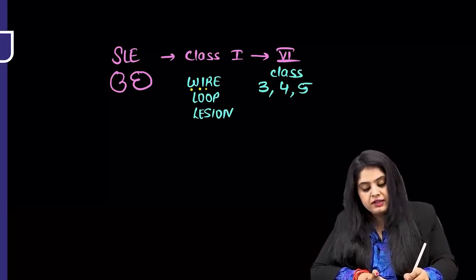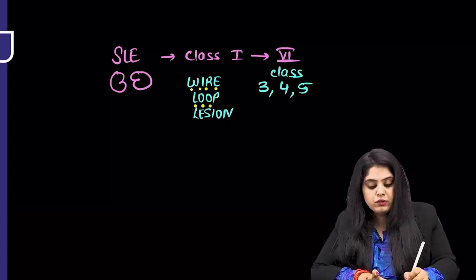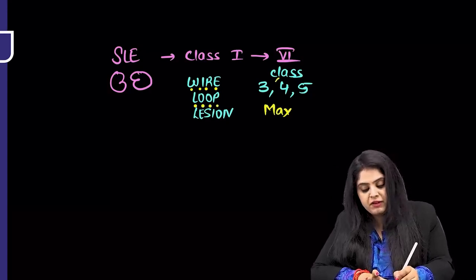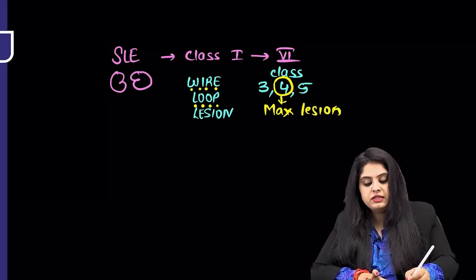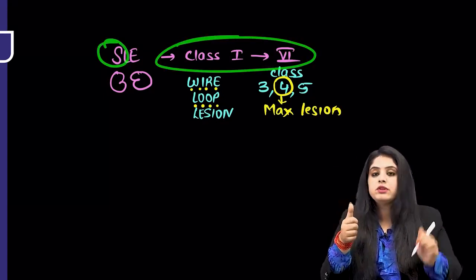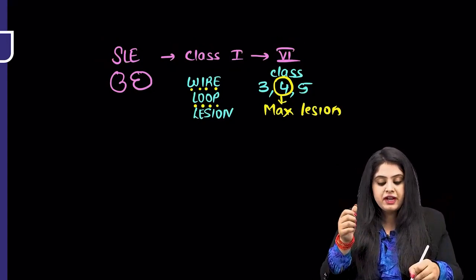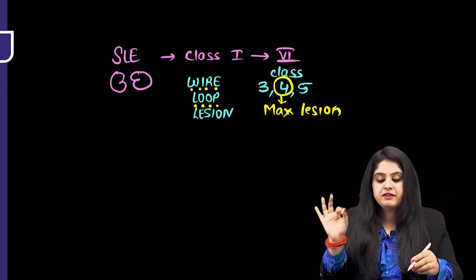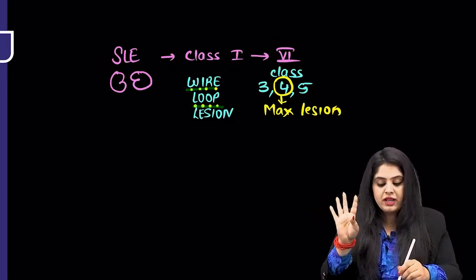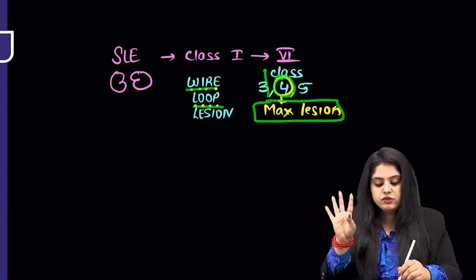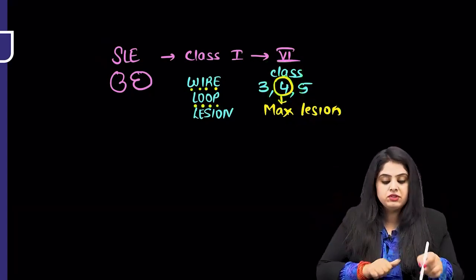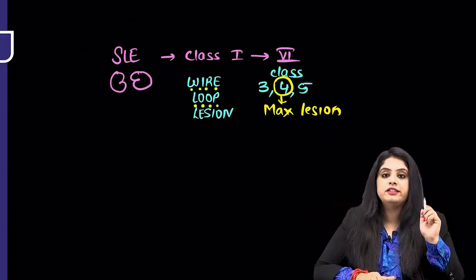However, wire has 4 alphabets, loop also has 4 alphabets. So the maximum wire loop lesions are seen in class 4. So repeating, total how many classes? SLE mein total 6 classes. Out of that, wire loop lesions are seen in 3, 4 and 5, and wire and loop which have 4 alphabets, it is class 4 which is going to have the maximum lesions in it, and that is what you need to know for SLE.